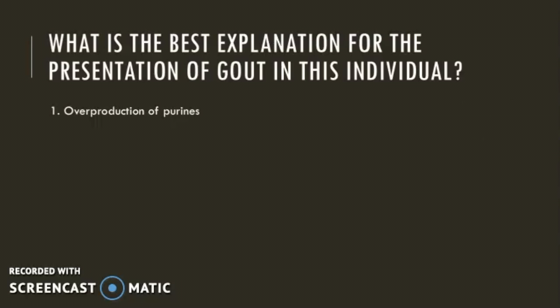So if the patient were to have gout due to an overproduction of purines, I would expect to see a high level of urinary uric acid. And with this mechanism, there's also a relationship with von Gierke's disease. Von Gierke's disease is a deficiency in the glucose 6-phosphatase enzyme.